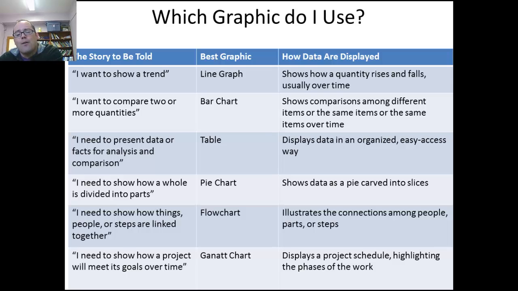If you want to show how a system is divided into parts or how something has different parts, different percentages, a pie chart is going to be great. And there's plenty of different options about pie charts, expanded, three-dimensional, use your professional opinion for those. And once again, a pie chart shows data as a pie carved into slices. So these can be really easy to read.